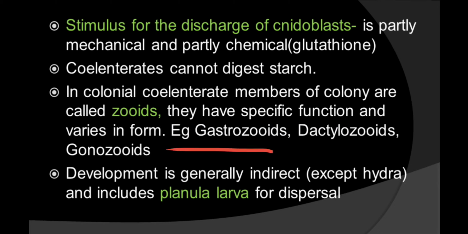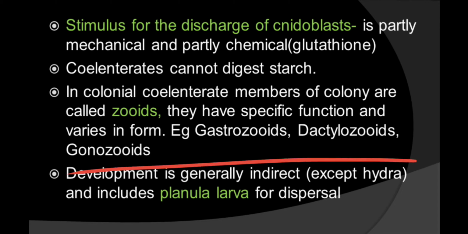So these are gastrozooids, dactylozooids and gonozooids. Gastrozooids are used for defense, whereas dactylozooids are for protection, and gonozooids produce sexual medusae. Again I am repeating, gastrozooids for defense, dactylozooids for protection, and gonozooids produce the sexual medusae. So these are all the different types of members of colonial coelenterates.